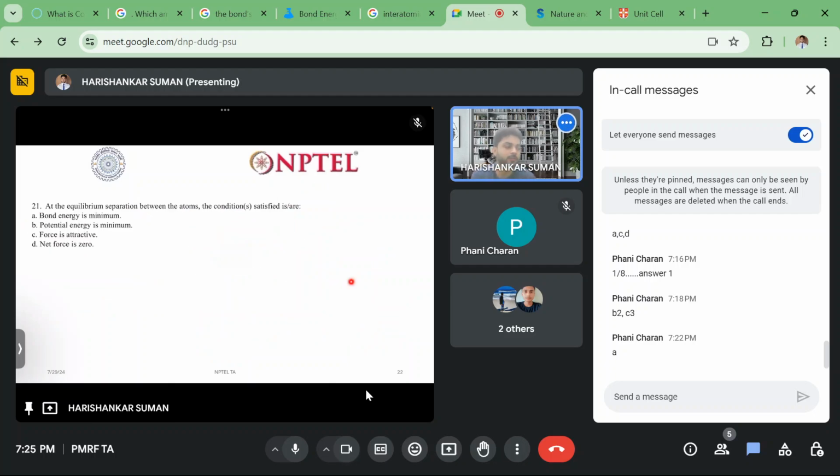Next question: at the equilibrium separation between atoms, which conditions are satisfied? Please answer.